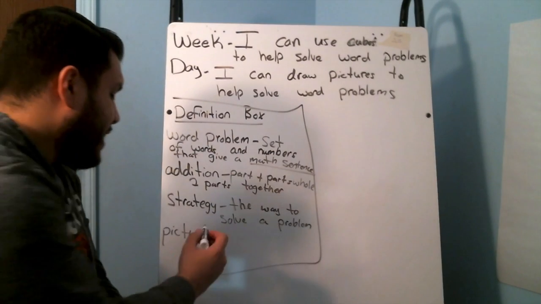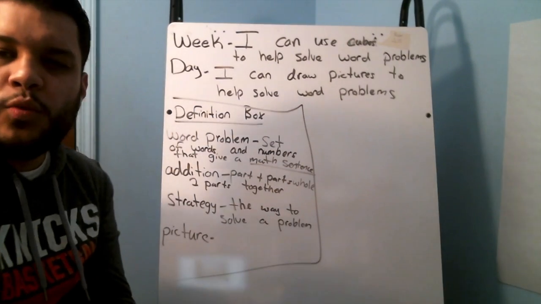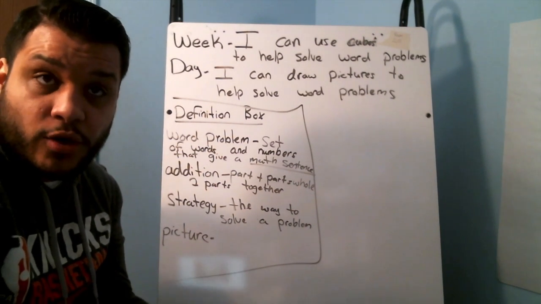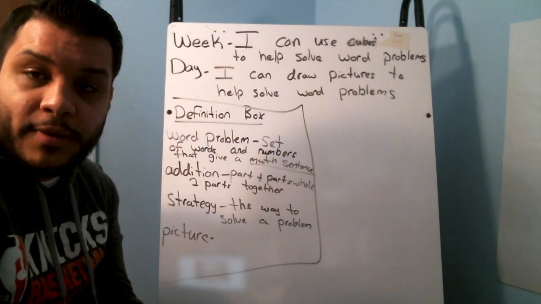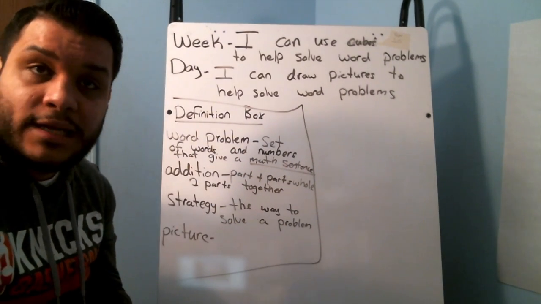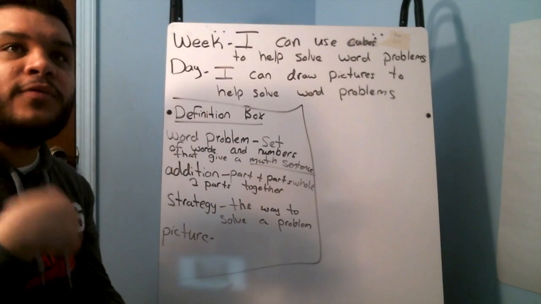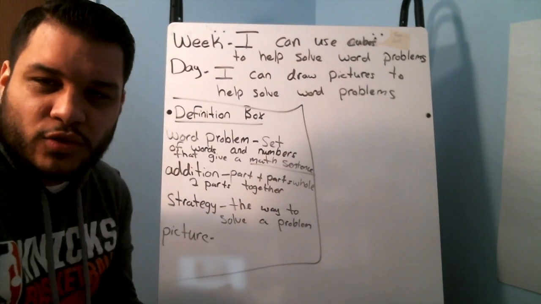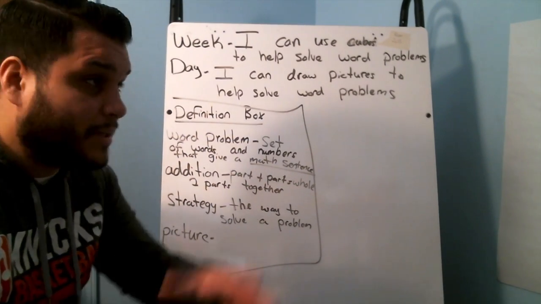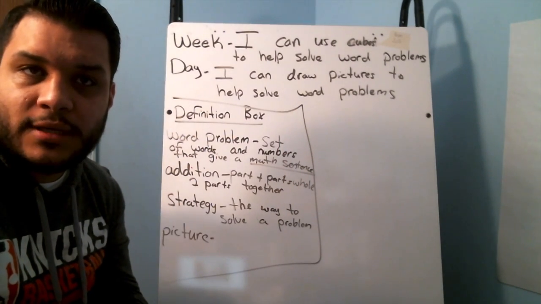And last, we have pictures. And what is pictures? Yes, pictures can be drawings. What do we do with pictures? Are they invisible or can we see them? Yes, we can see them. And in math, if we're talking about birds, does Mr. Nieves want you drawing birds? No. If we're talking about buildings, does Mr. Nieves want you drawing buildings?